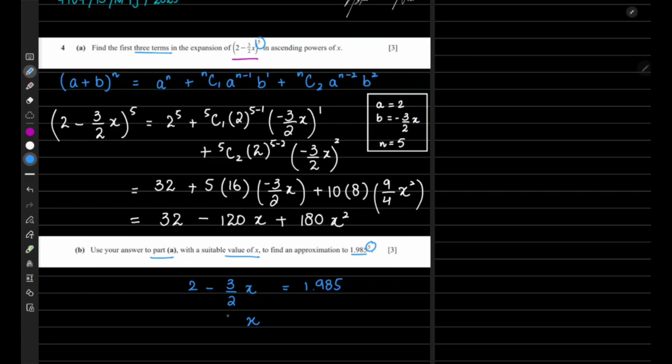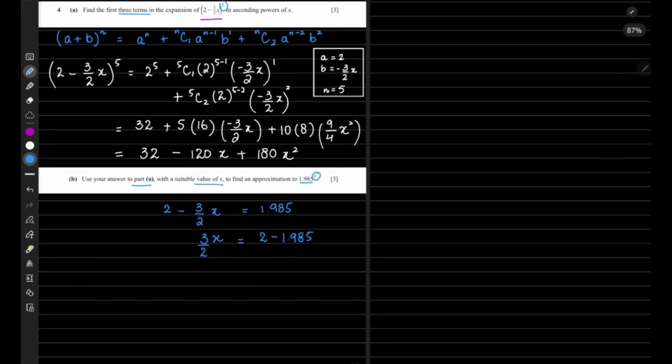So x comes out from this to be, if you take this on the other side, it will become positive, and then the other side comes here on this side: 2 minus 1.985. 2 minus 1.985 is 0.015, and then x becomes 2 over 3 times 0.015, and this will give you 0.01.